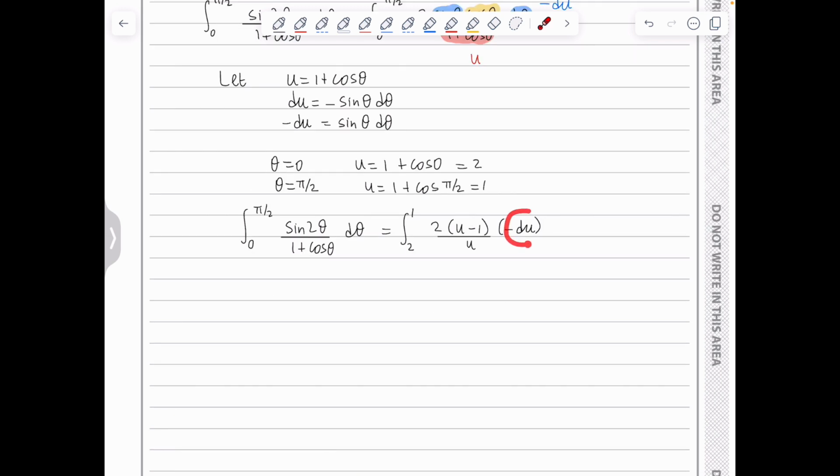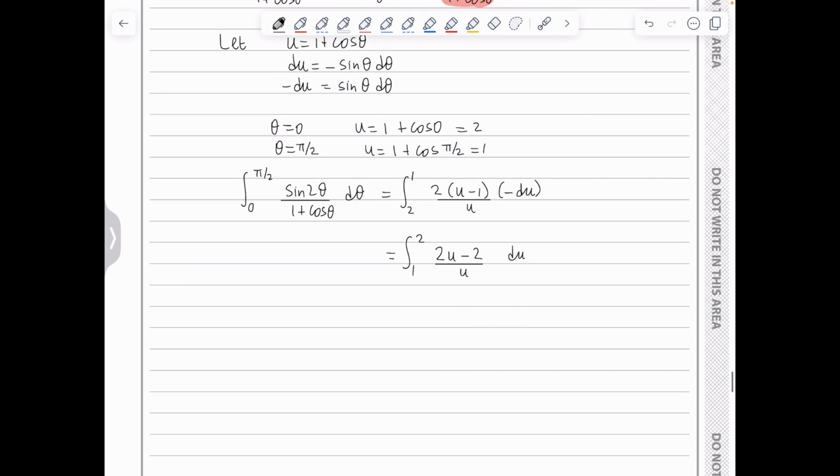Well, the negative sign in the du can be consumed into reversing the limits of the integral. So I'll be integrating from 1 up to 2 of 2u minus 2 over u du.